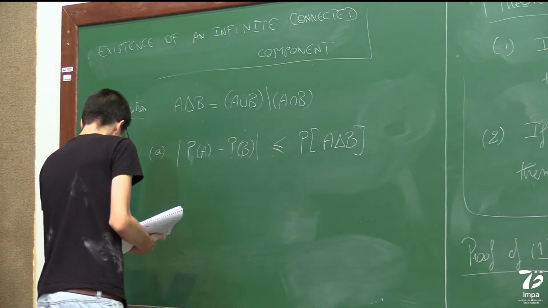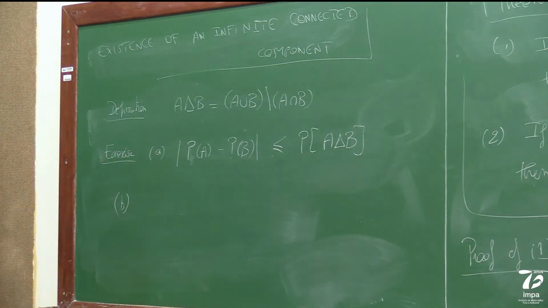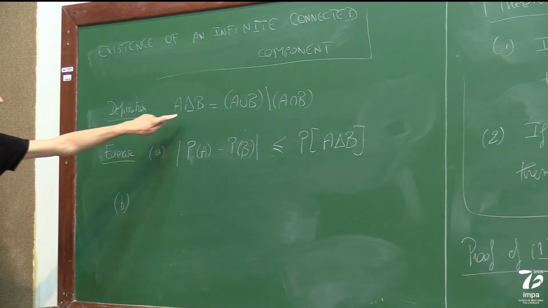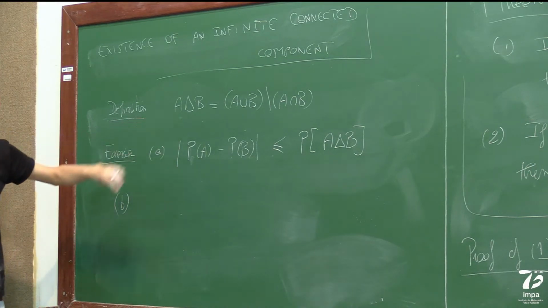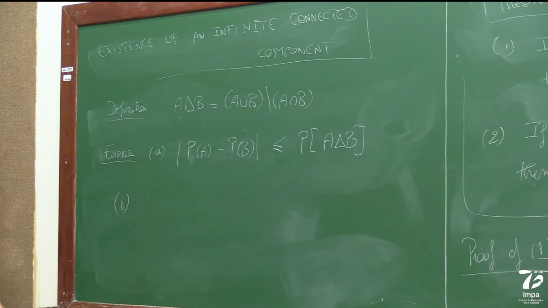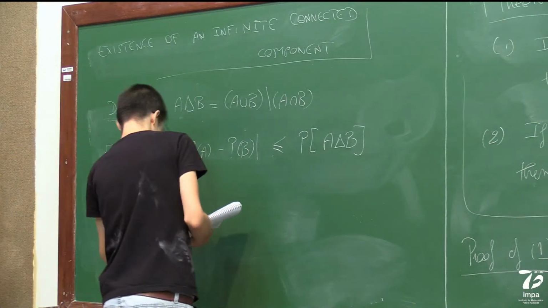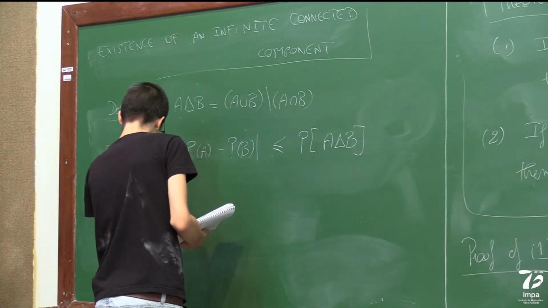There is no way that you can distribute an operation over a symmetric difference, it's not like union and intersection. But you have actually the following.